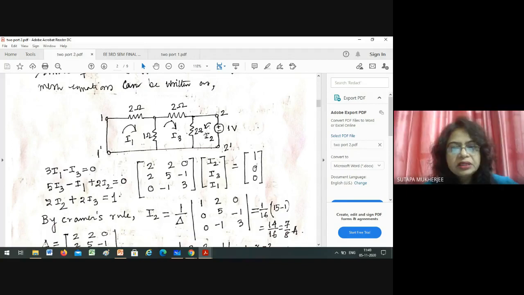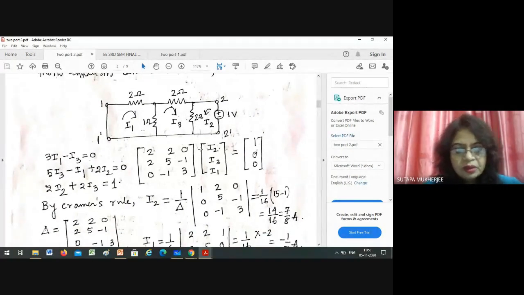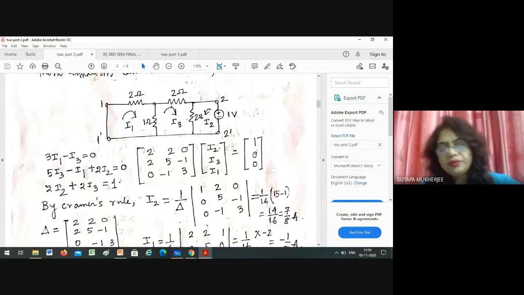If you consider this loop, this loop, this loop, you will get 3 equations: 3i1 minus I3 for this one, 5i3 minus I1 plus 2i2 for this one, and 2i2 plus 2i3 equal to 1 for this one. Now you have to solve these 3 equations and determine I1, I2, I3.